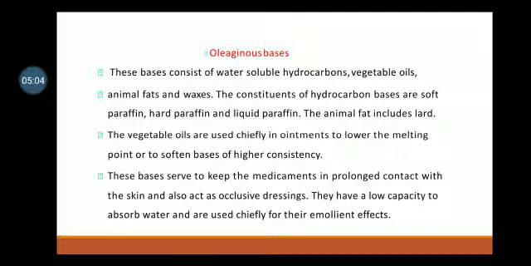The vegetable oils are used chiefly in ointments to lower the melting point or to soften bases of higher consistency. These bases serve to keep the medicaments in prolonged contact with the skin and also act as occlusive dressings. They have a low capacity to absorb water and are used cheaply for their emollient effects.